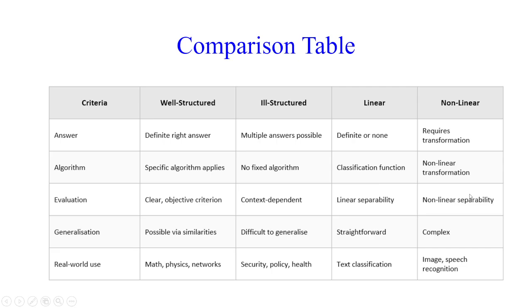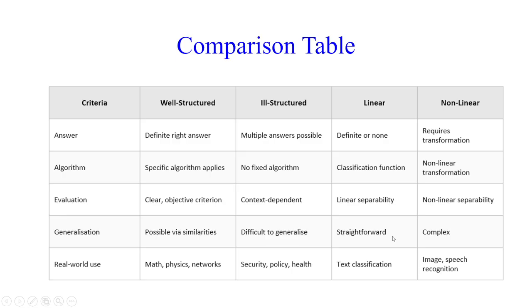When you talk about generalization, it is possible via similarities, and difficult to generalize. It's very straightforward, and it is very complex. When you talk about real use, it's used in maths, physics, networks. It's used in security, policy, and health. Here, text classification plays a role, and in image and speech recognition, we deal with non-linearity.